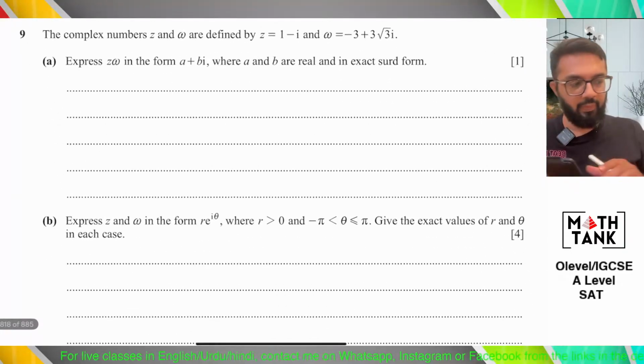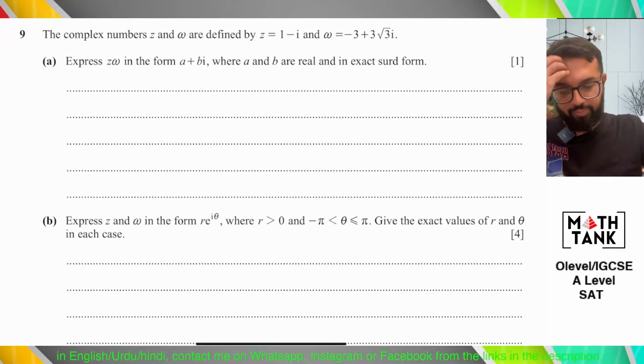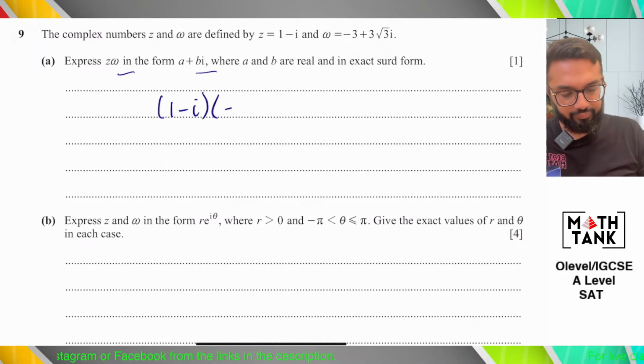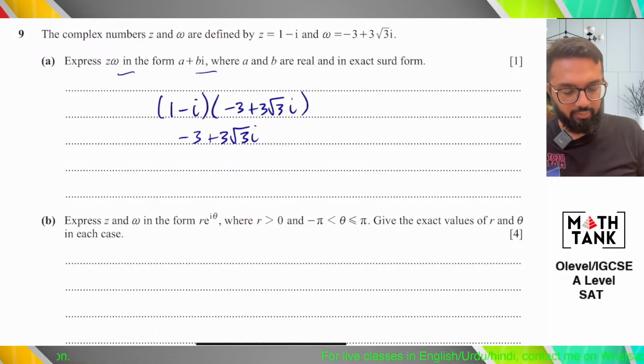Question number 9 is complex numbers. Express Z and W in the form this. So 1 minus i, so minus 3 plus 3 root 3i plus 3i squared.